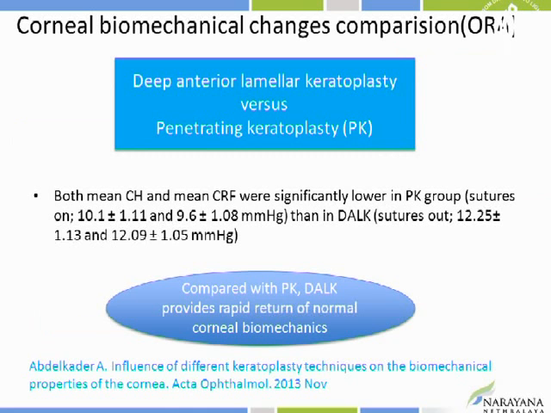And comparing DALK and penetrating keratoplasties, the CH and CRF were significantly lower in the penetrating group compared to the DALK group. Again, all these studies have limited patient numbers, and only one or two studies. We need a larger randomized clinical trial to give you an opinion on what exactly it is.